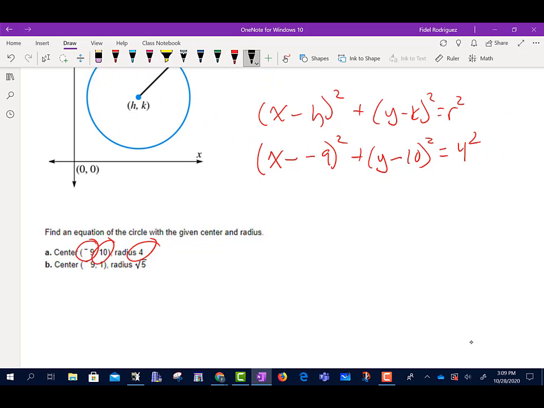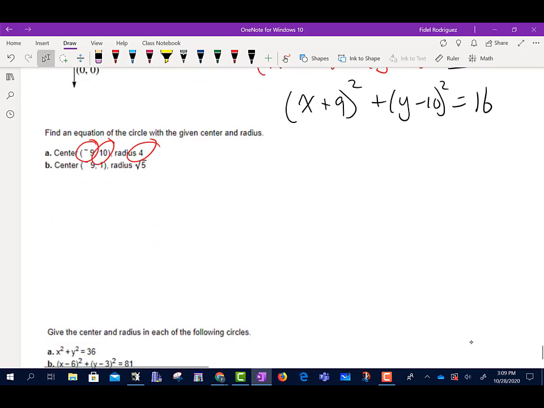So first thing is here, a minus and a minus make it plus. So this is going to be x plus 9 squared plus y minus 10 squared equals 4 squared is just 16. Okay. Now I'm going to do the same thing for the next one.